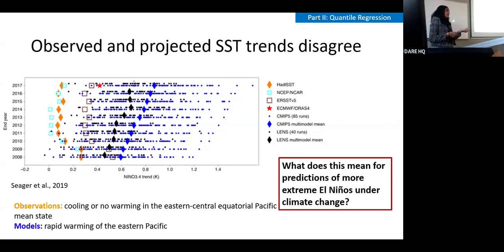Now, this has consequences for how well they're actually able to simulate El Niño and La Niña events. So we need to take that previous result on the last slide about extreme events becoming more frequent with a massive grain of salt. And we don't really understand what this means for predictions of more extreme El Niños.